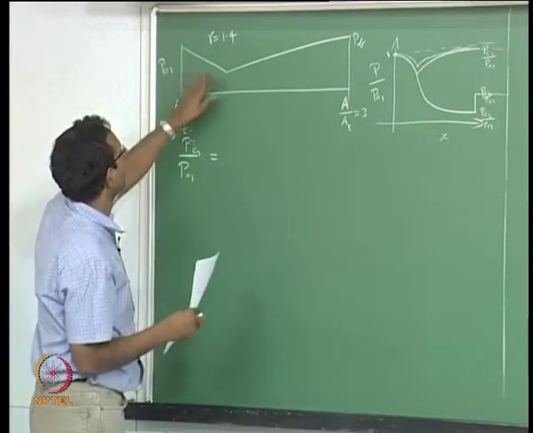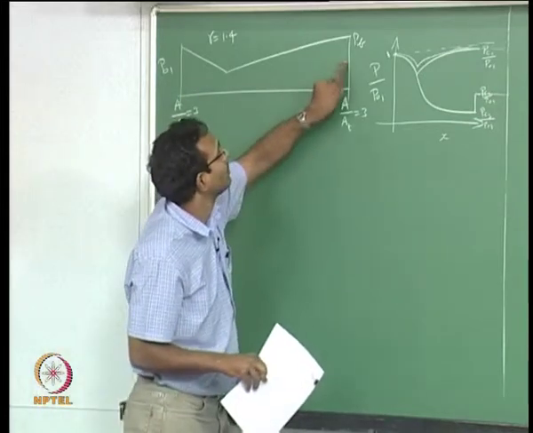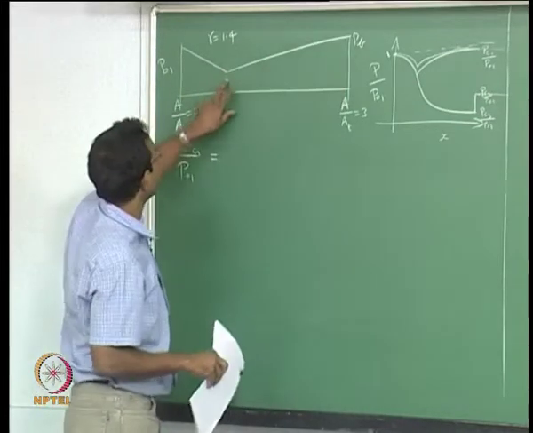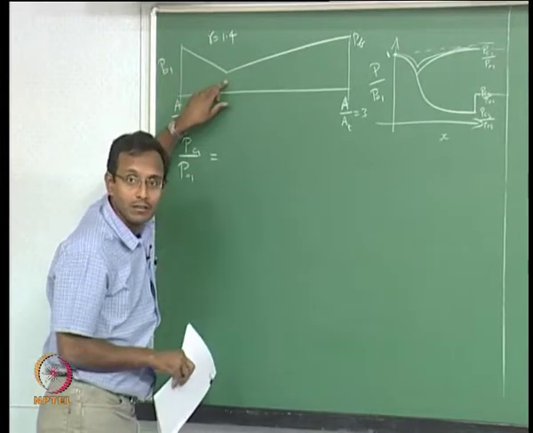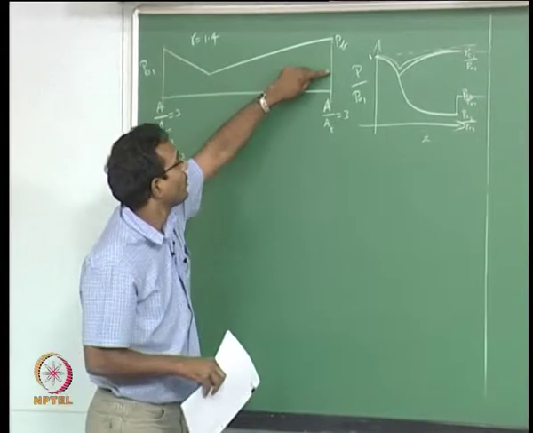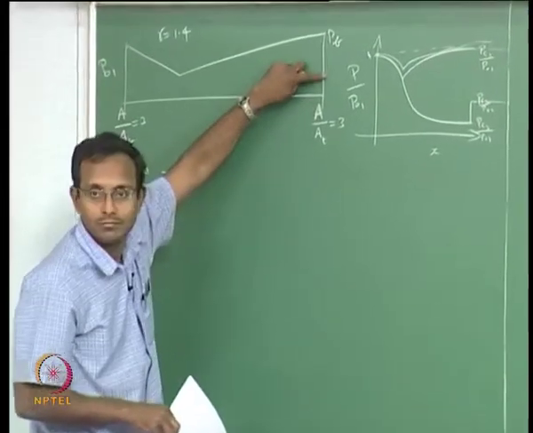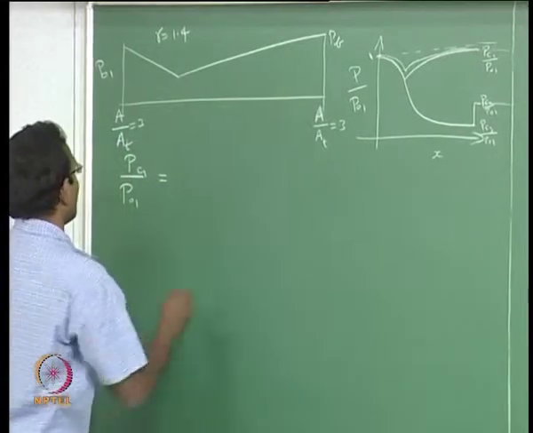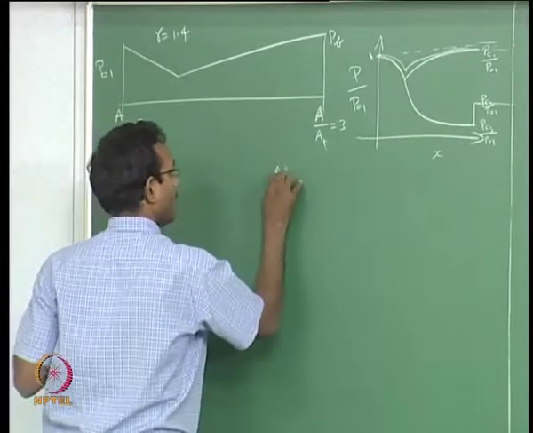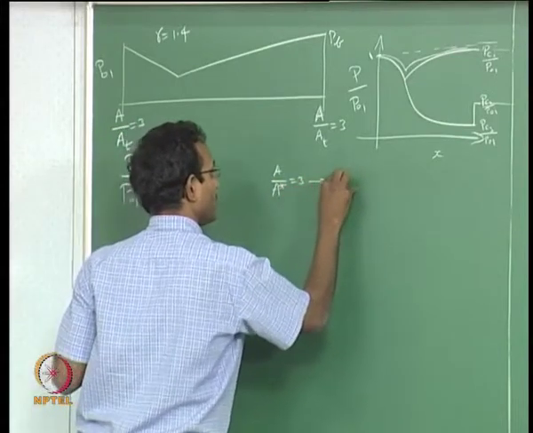I am going to assume that this is getting choked here, and then I am going to have subsonic flow all through till here, which means this A throat becomes my A star, right? It is choked, which means now I can use this A by A throat as A by A star at this location. So what I will do is find A by A star equal to 3, subsonic solution.